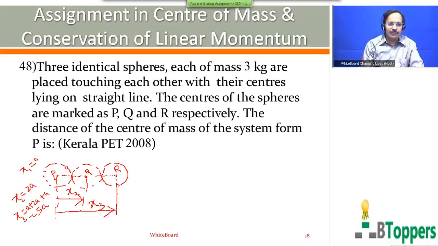So to find the distance of the center of mass of the system of the three spheres from the center P of the first sphere, we can choose the center P of the first sphere as the origin of the coordinate system.